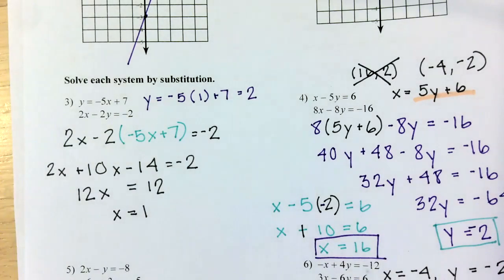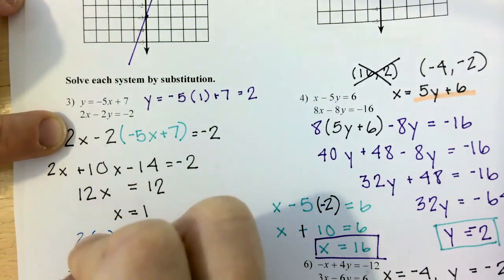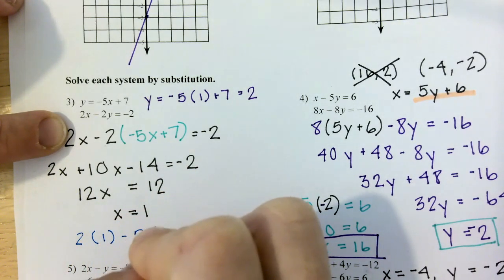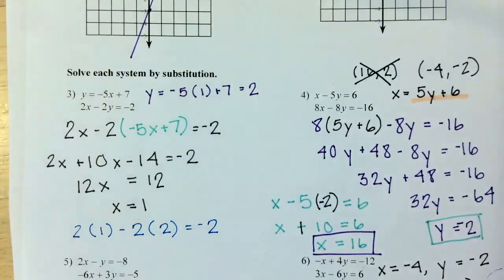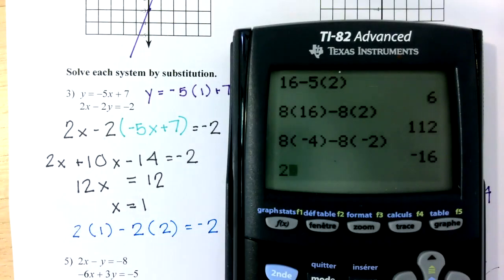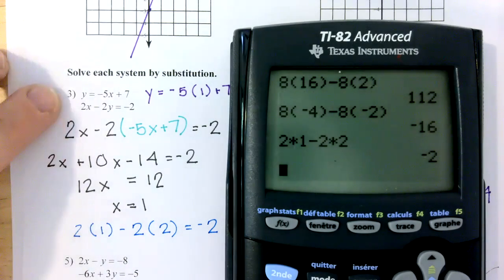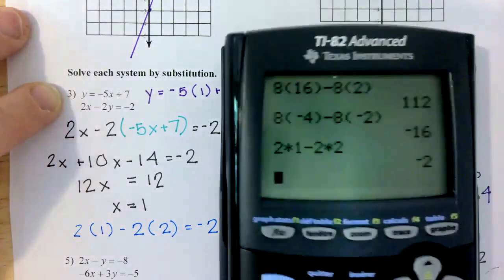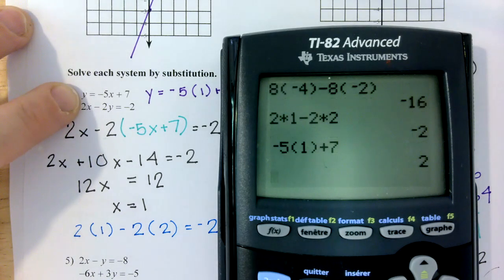So down here, that means 2 times 1 minus 2 times 2 equals -2. 2 times 1 minus 2 times 2 is -2. And just to check, when y is 2, 2 equals -5 times 1 plus 7 should give me 2.